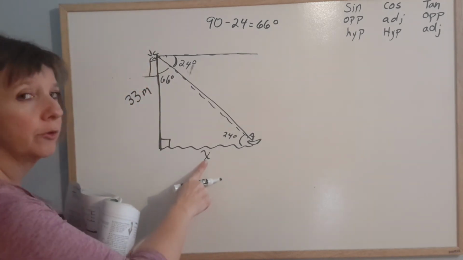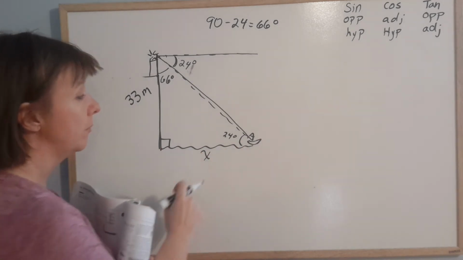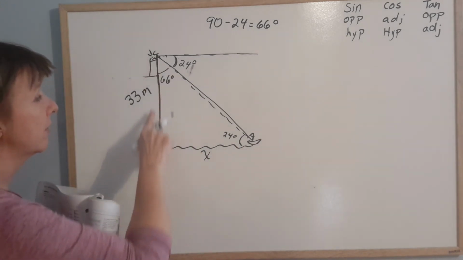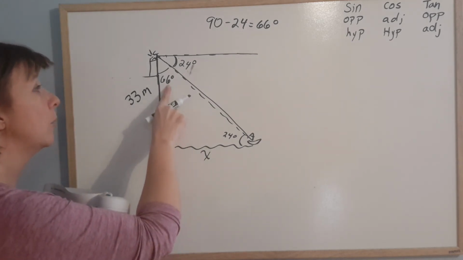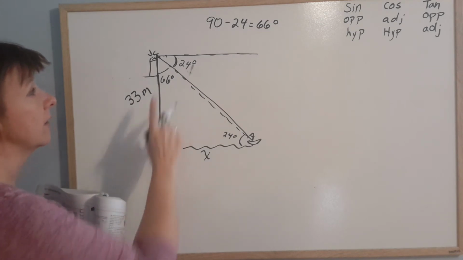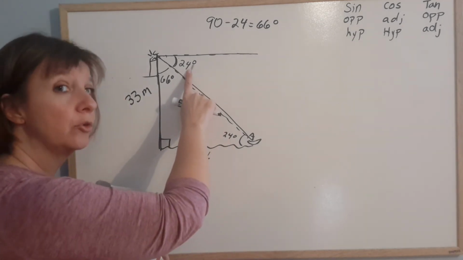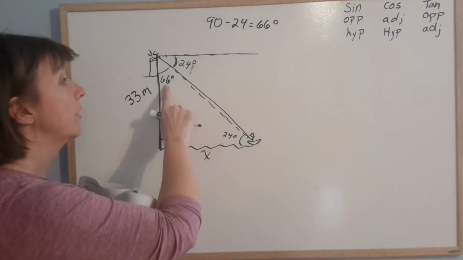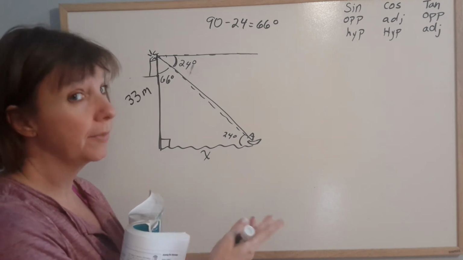Again, we're looking for the distance between the bottom of the cliff and the boat. We know this side is 33. Let's use this 66 as our reference angle, and we got that because we knew that was 24, and these two have to add to give you 90 degrees. That's how we did that.